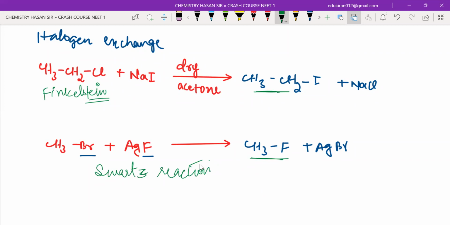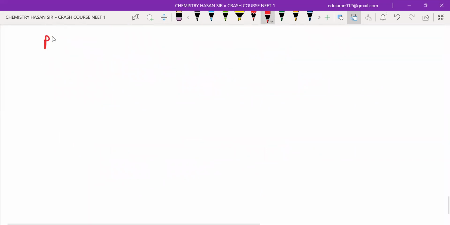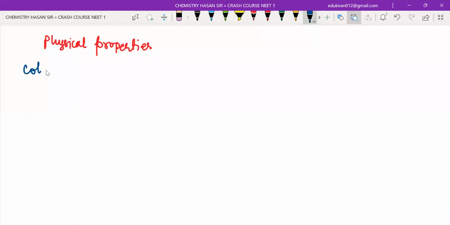Yes, sir. So I'm going to change the slide. Now I'm going to write the physical properties of haloalkanes. The first is they all are colorless. The second, they have a sweet smell. The third, we can write polar.